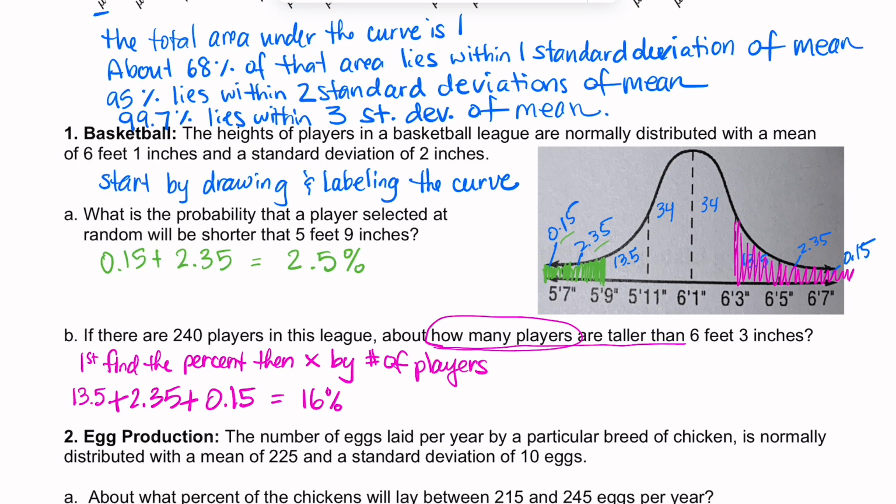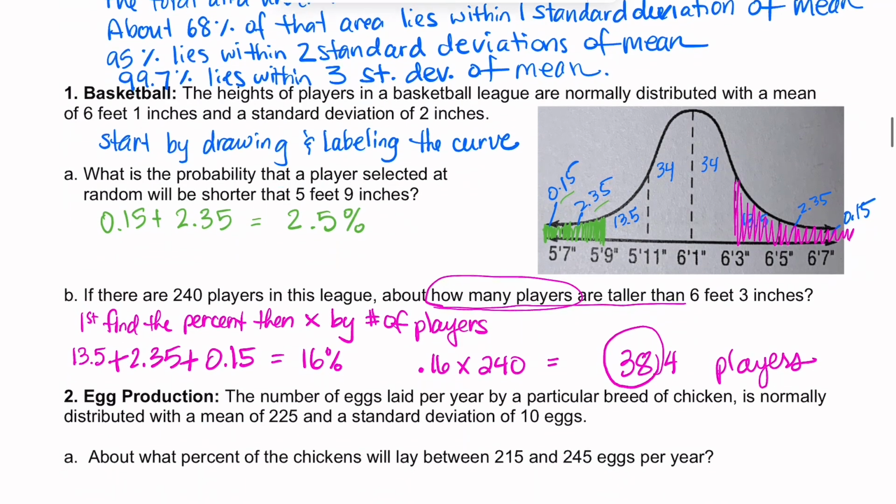Remember, the next step is to multiply by the number of players. So we're going to do 0.16 times 240, and we get 38.4 players, or just 38 players are taller than 6'3".